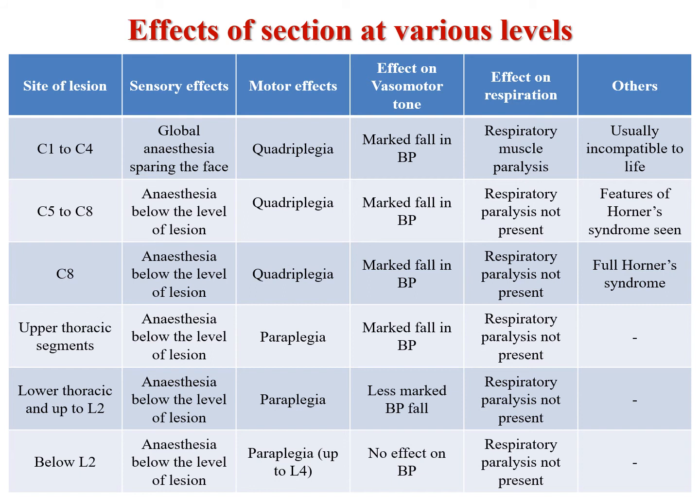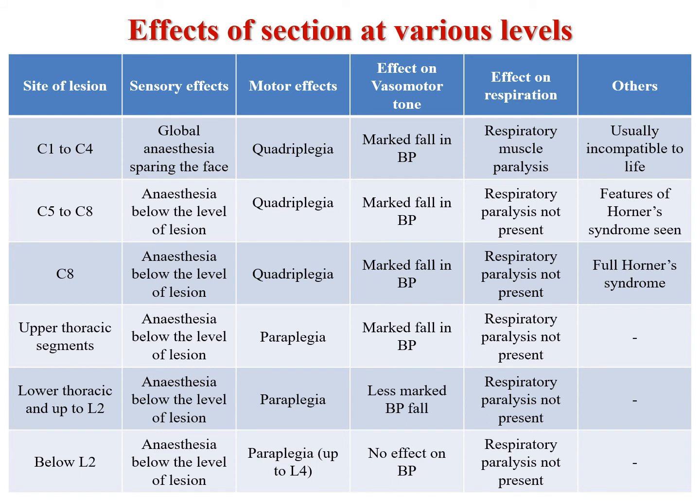Now, if there is a lesion up to the level of the upper thoracic segments, due to the cutting of the outflow from the spinal cord to the cervical ganglia and the thoracic ganglia, there will be a marked fall in blood pressure.